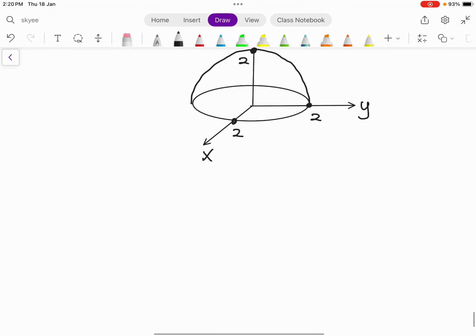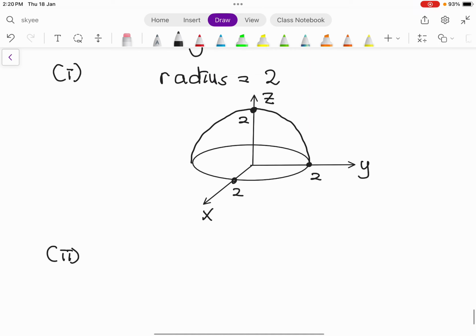Question number 2 is the projections. Projections means you have to view these structures from different directions. You can pick the xy projection. When it is the xy projection, you will be able to view this circle over here.